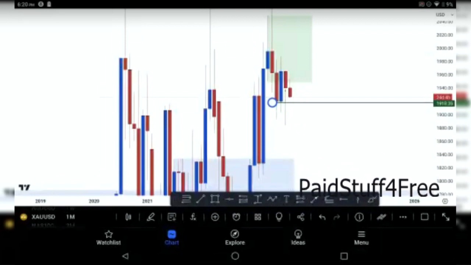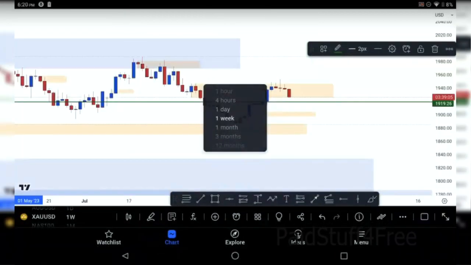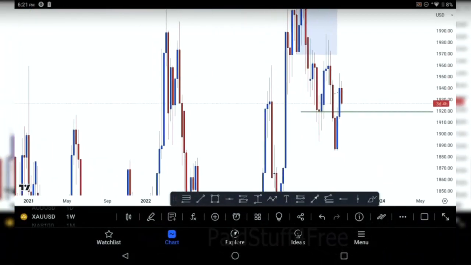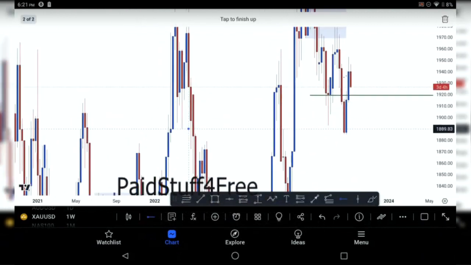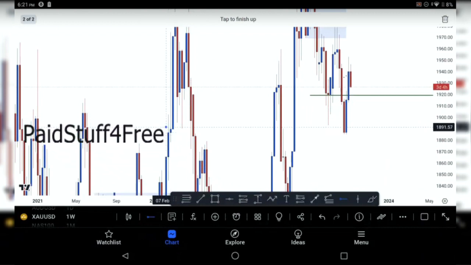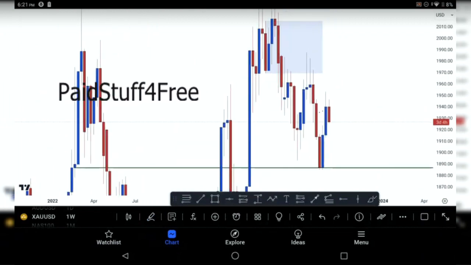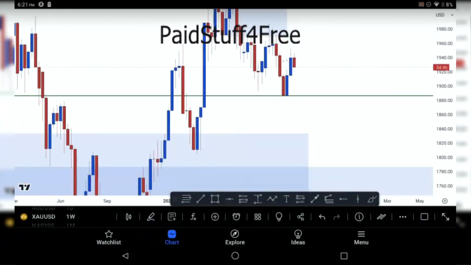And if you refine that SNR zone to your 1 week zone, I would have refined it to probably something here, obviously this zone right here. So for me, price was already bearish on a weekly time frame.